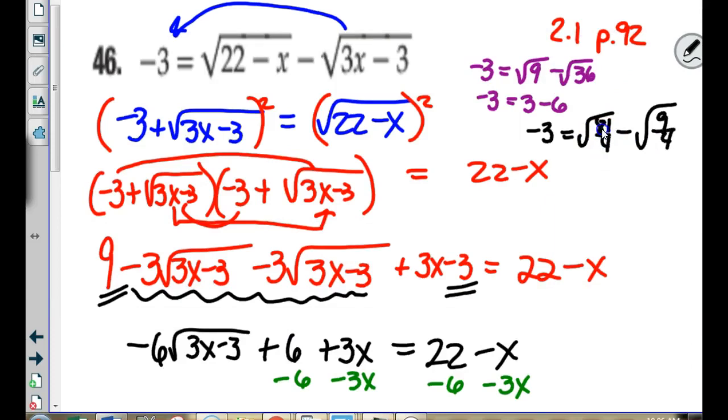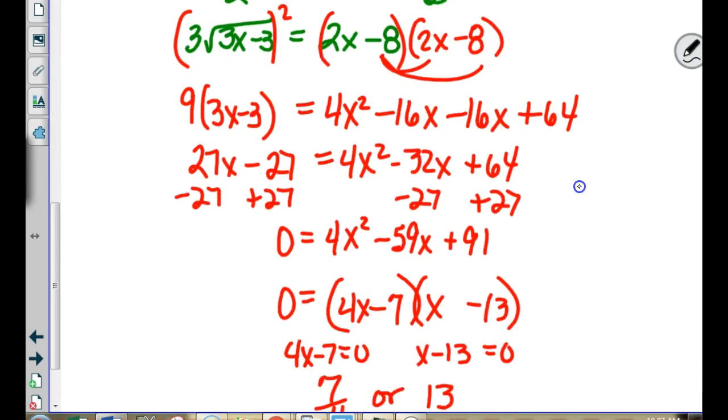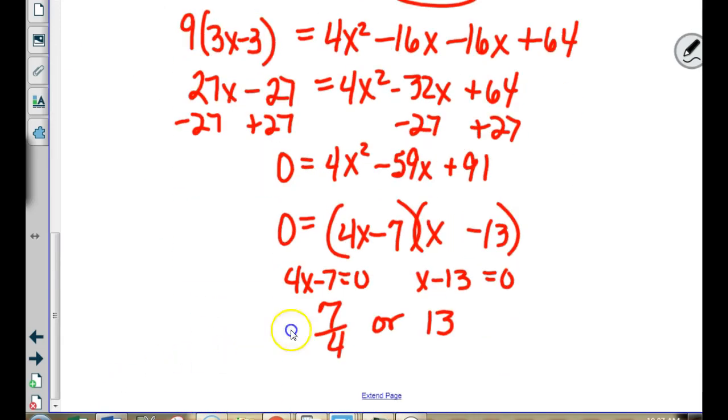All right, help me out. What's square root of 81 over square root of 4? 9 over 2 minus, what's square root of 9 over square root of 4? 3 over 2, right? And 9 minus 3 is 6, keep the denominator. But is that true? No, because one's negative and one's positive. So the 7/4 was an extraneous solution.